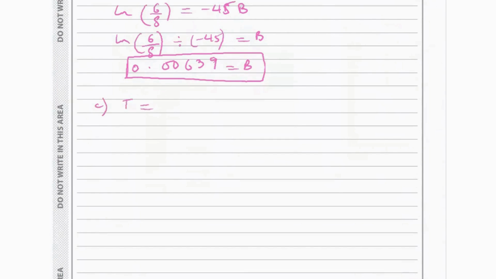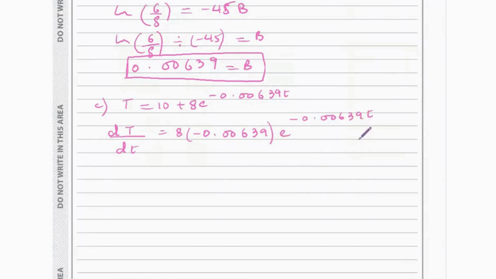Firstly, capital T equals 10 plus A times e to the power of negative 0.00639t. Differentiate capital T with respect to small t. Capital T is temperature, small t is your time. So that's going to be 8 times negative 0.00639 times e to the power of negative 0.00639t.